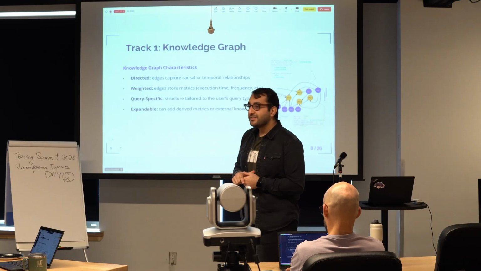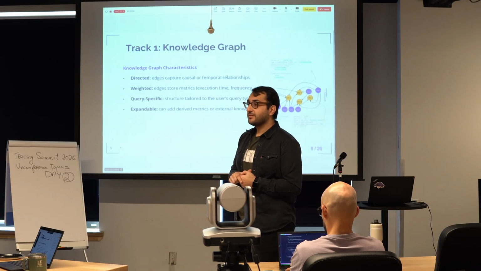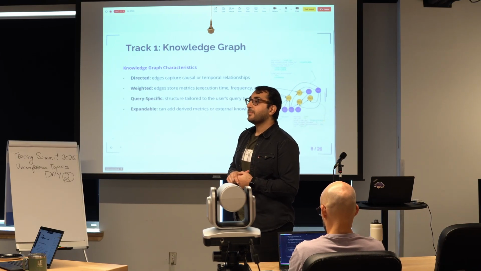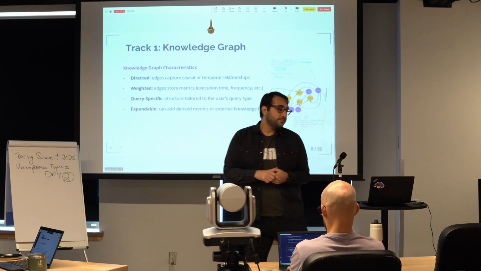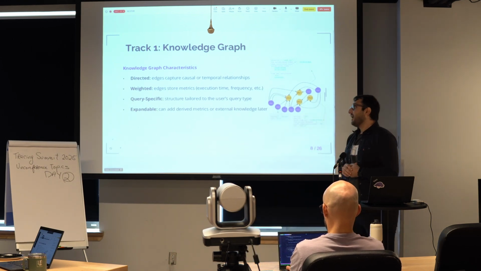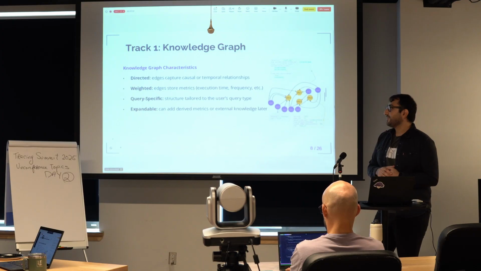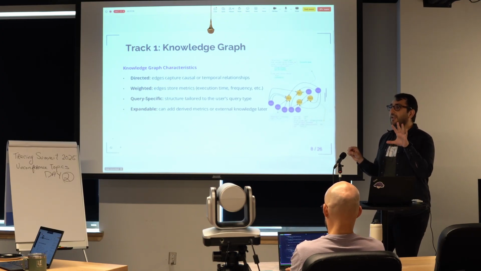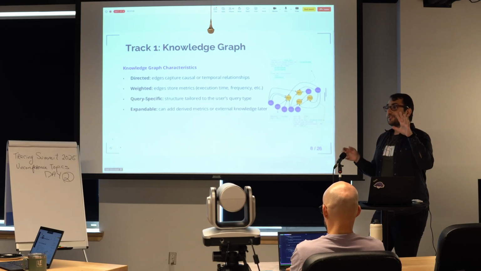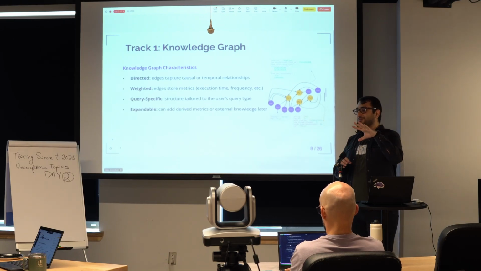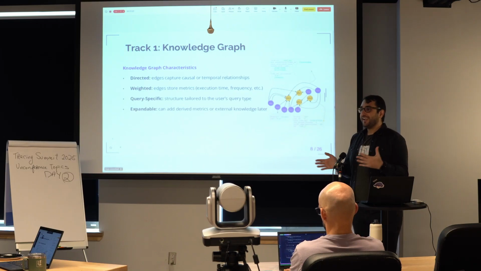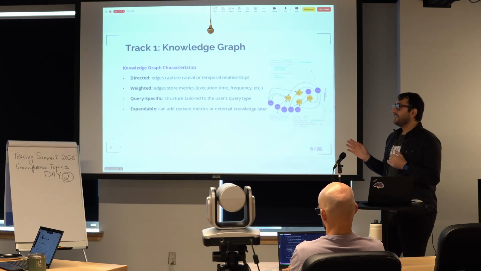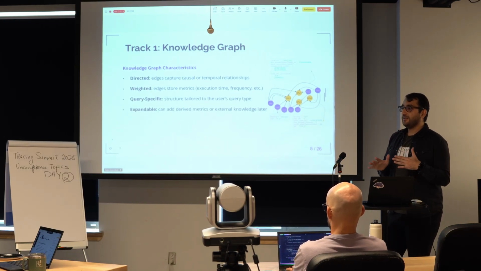Can you repeat? So how do you know which part of the knowledge graph to create when the user asks a question? Mm-hmm. Basically, the first step is querying the state system based on the user question. So the question is, how do we know what to query in a state system? Here we again rely on a large language model.